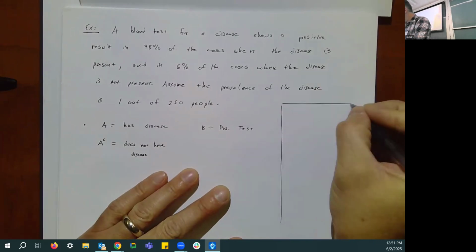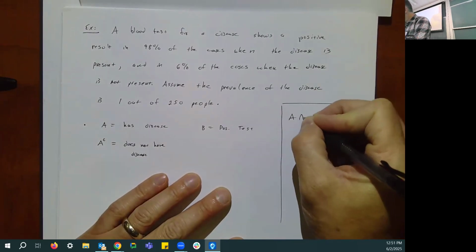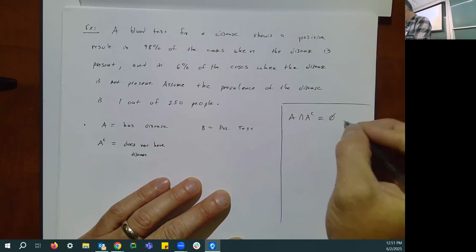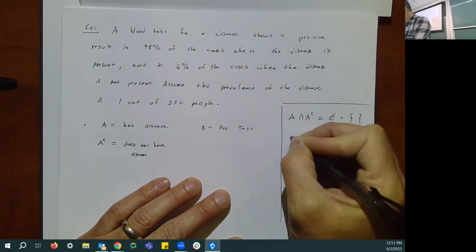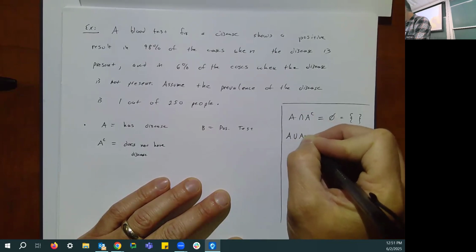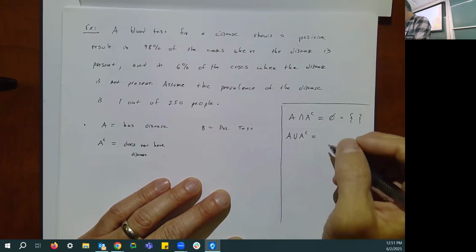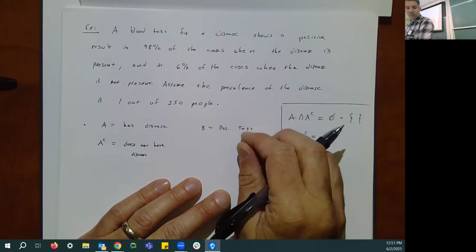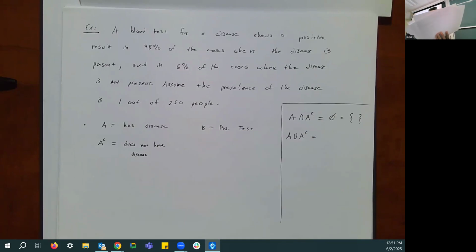We're talking about complements. The intersection of A and A complement is the empty set. There is no overlap. The union of A and A complement is everything. It's your entire, oh my gosh, what's the word?